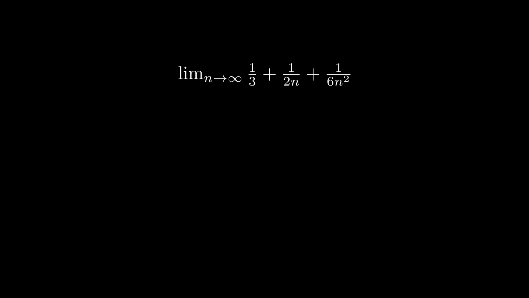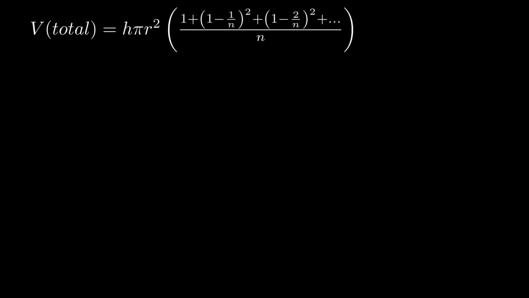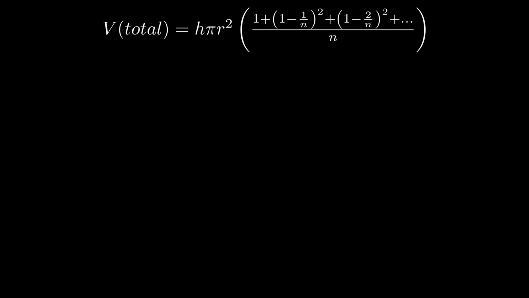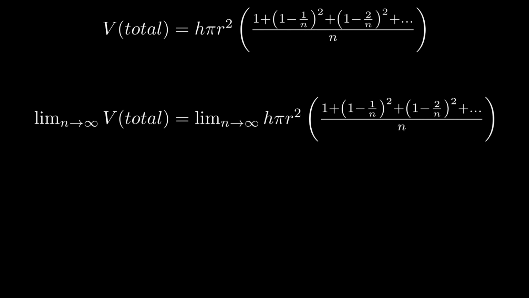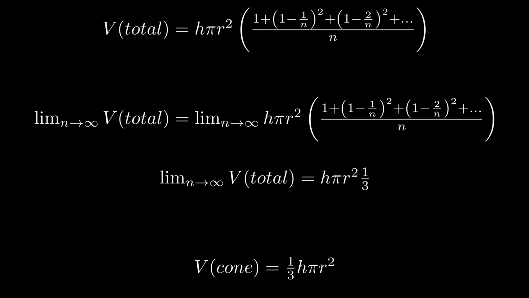In other words, they approach 0. So we can compute the limit to be 1/3. Wow! The entire huge expression dissolved down to just this? We now just have to go back to the first expression, the total volume of the shape. We then take the limit as n approaches infinity to get that the volume of the cone is 1/3 h pi r squared.